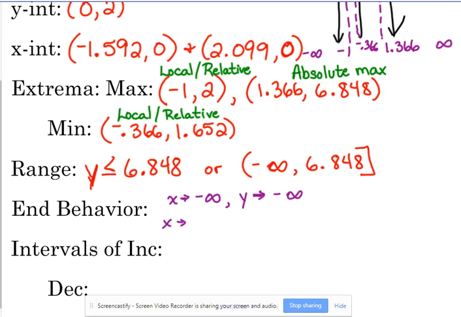On the right side, as our x values approach positive infinity, the right side, positive. X is positive on the right side. You're wondering why I'm saying that so much, because people are confused by this notation. What are the y values doing on the right side? Same thing, negative infinity. They're going down, they're decreasing, they're falling. Because it's an even function, both ends do the same thing.